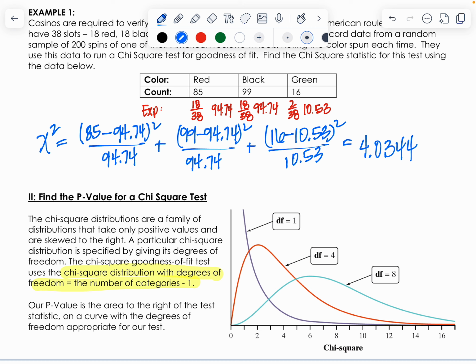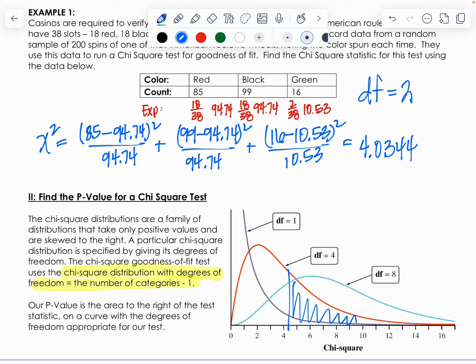All right, and so then the p-value ends up being the area to the right of the test statistic. So let's say our chi-square value was 4.03. In this case, our degrees of freedom would be 2 because it's 1 less than our number of categories. We had 3 colors. And so we don't have a degree of freedom equaling 2 curve, but let's just say it was this one. Well, then our test statistic would fall about here.